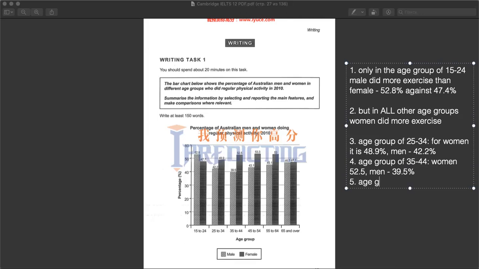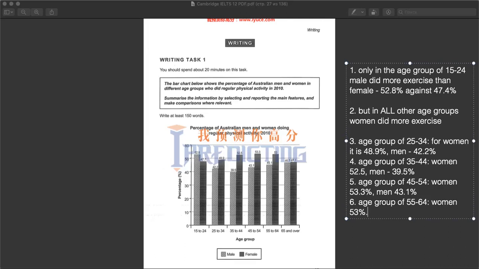In the age group of 45 to 54, women make 53.3%, men make 43.1%. Age group of 55 to 64, women 53%, men 45.1%.